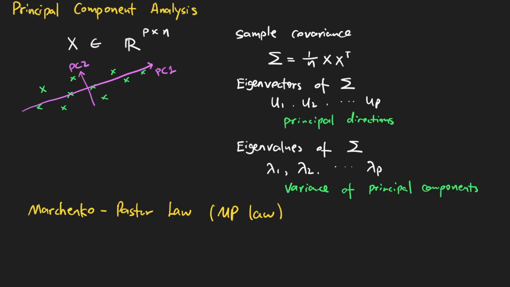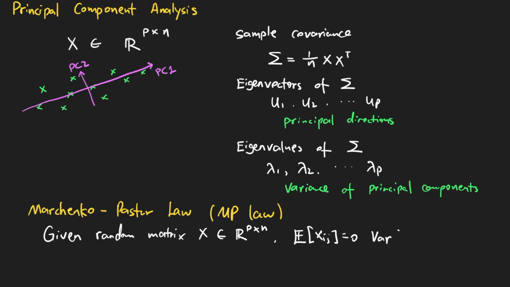We start with a random matrix X, and the dimension of X is P by N. We want the entries of the matrix to be random, with the expectation of the entries being 0 and the variance of the entries being 1, and we want every entry to be independent.